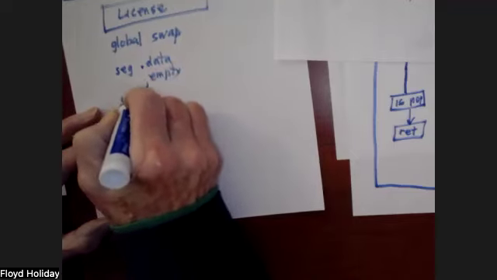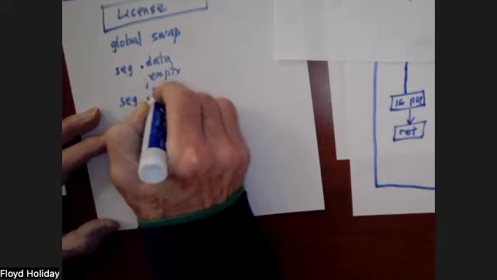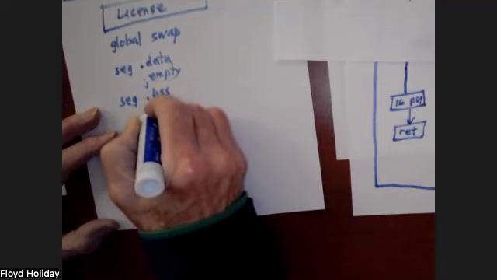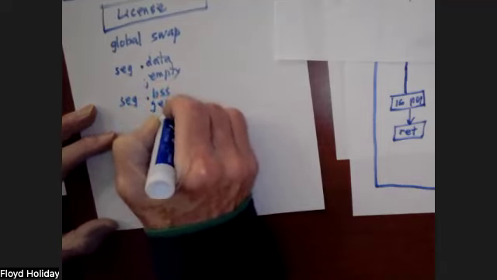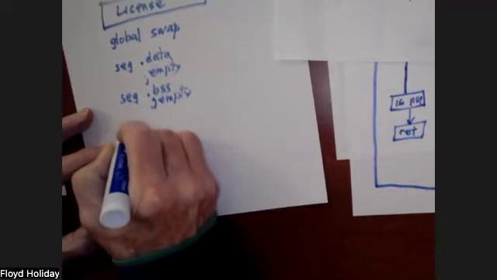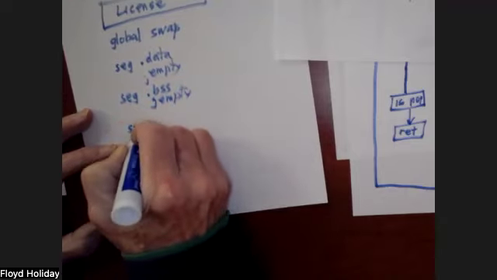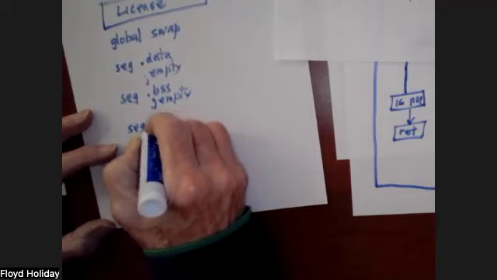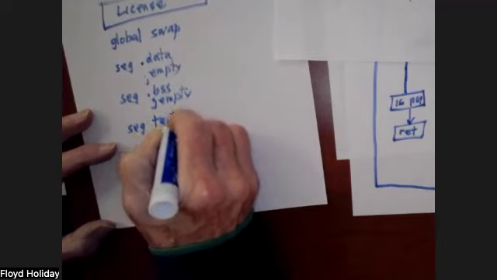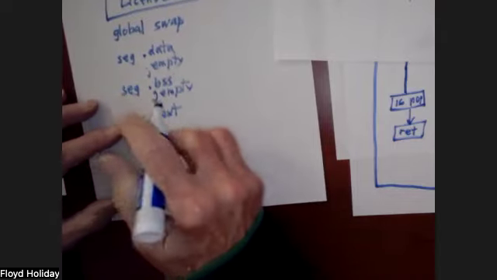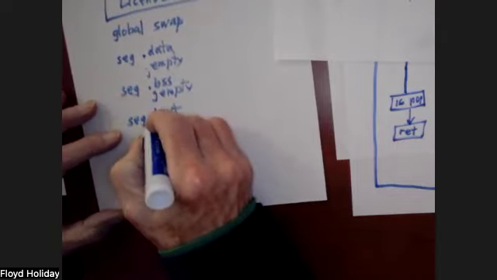Segment dot BSS is empty. Segment text. This is not compilable. There's no SEG. But we're laying out the plan for a function called swap.